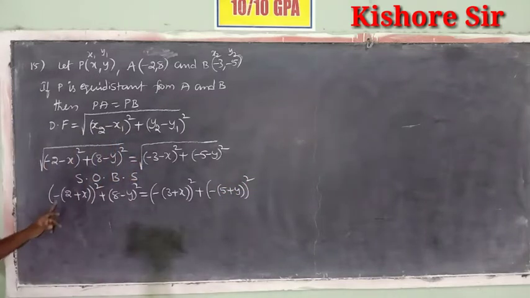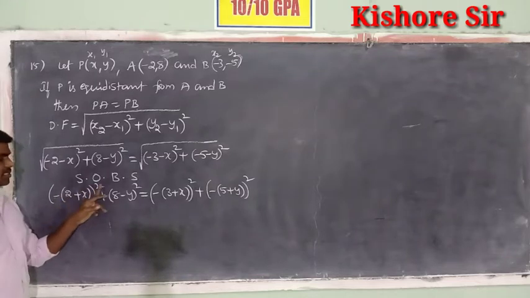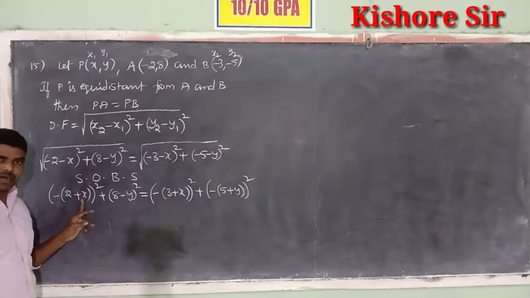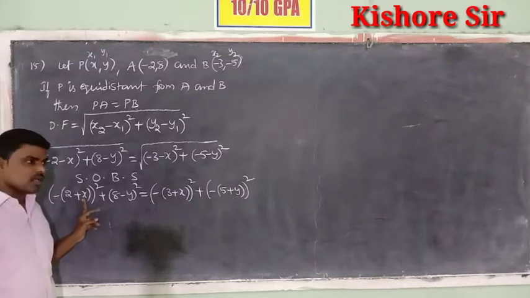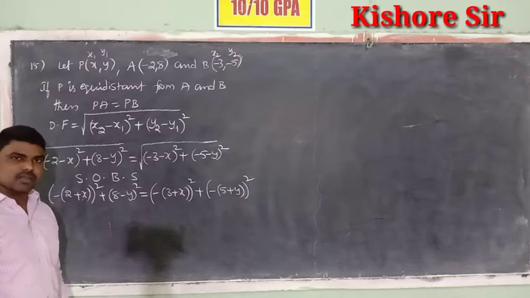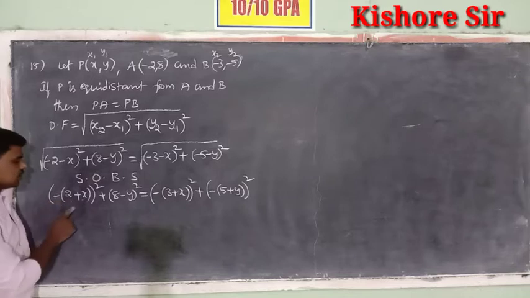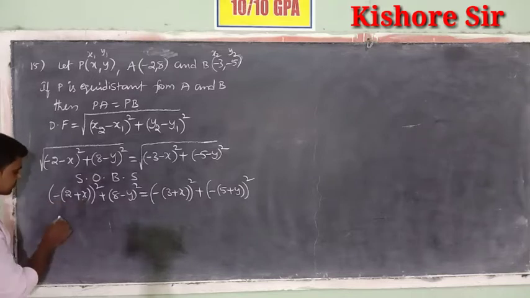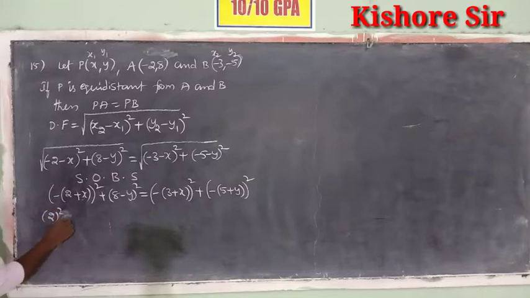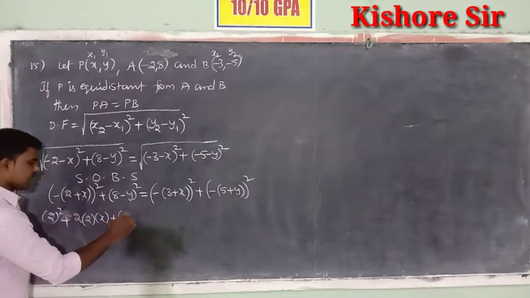Okay, now minus whole square, it is plus, then (2 plus x) whole square is in the form of (a plus b) whole square. What is the formula for (a plus b) whole square? a square plus 2ab plus b square. So here a means 2 and b means x. So 2 square plus 2 into 2 into x plus x square.